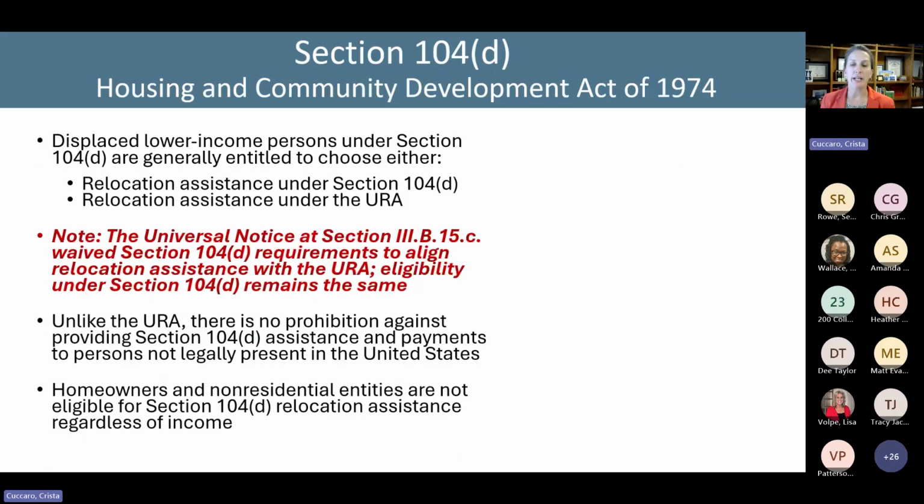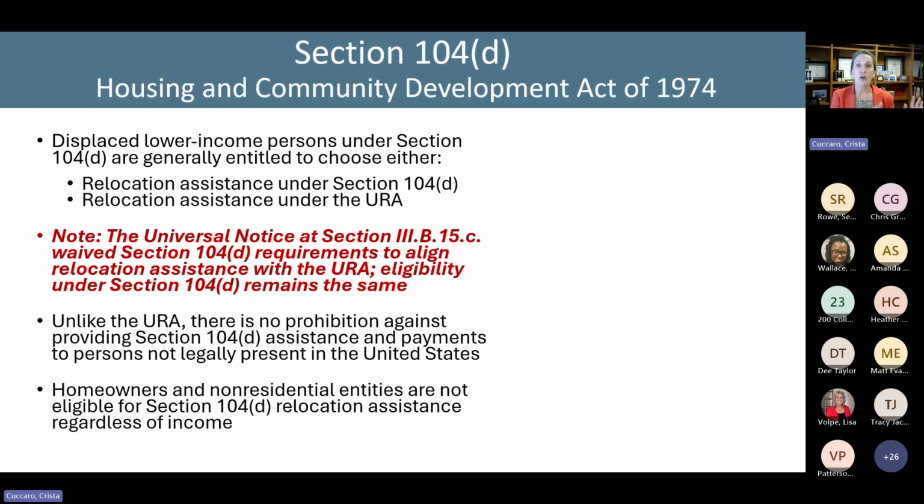I'll note here that typically displaced lower income persons under Section 104D are generally entitled to choose either relocation assistance under 104D or relocation assistance under the URA. The calculations and availability of financial resources there are a little bit different.